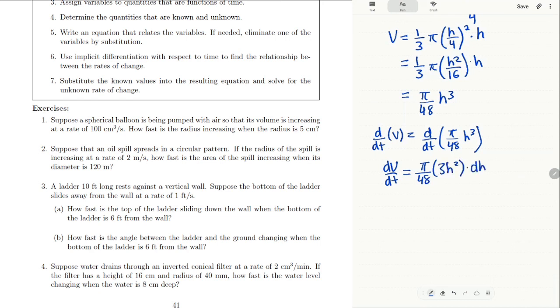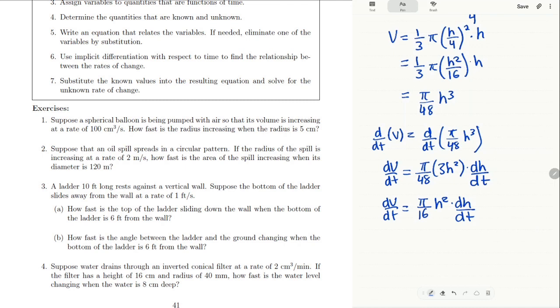And remember, we use the chain rule and multiply by dh over dt. Simplifying, this is pi over 16 times h squared times dh over dt.